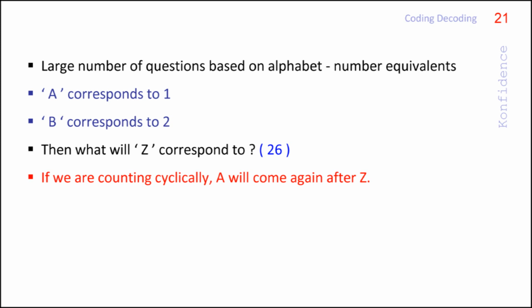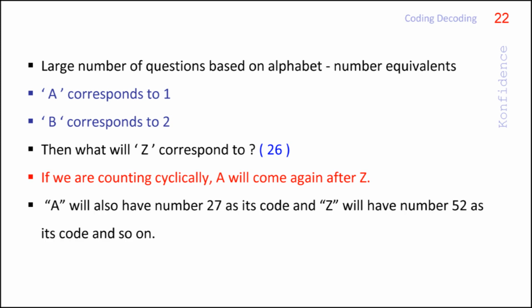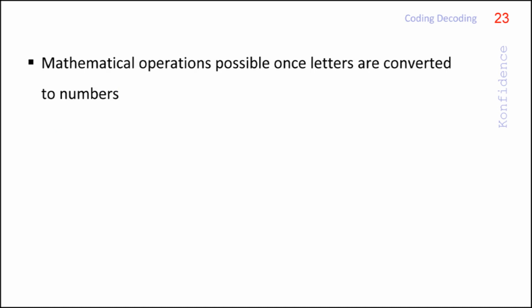If we are counting cyclically, A will come again after Z. So A will also have number 27 as its code, and Z will have number 52 as its code, and so on.